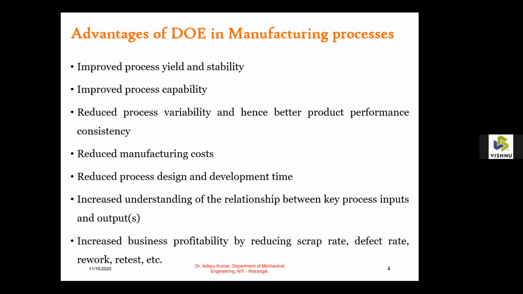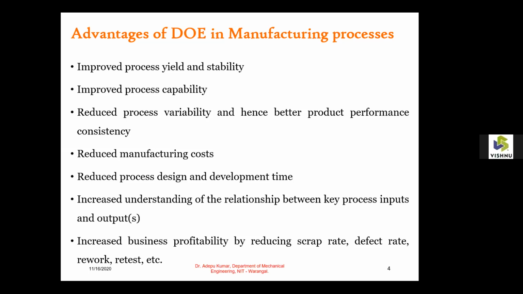And improve the process capability. You have to improve the capability of the process by taking this into consideration. Then reduce the process variability and get better product performance consistency. As I said, the variability is very less.